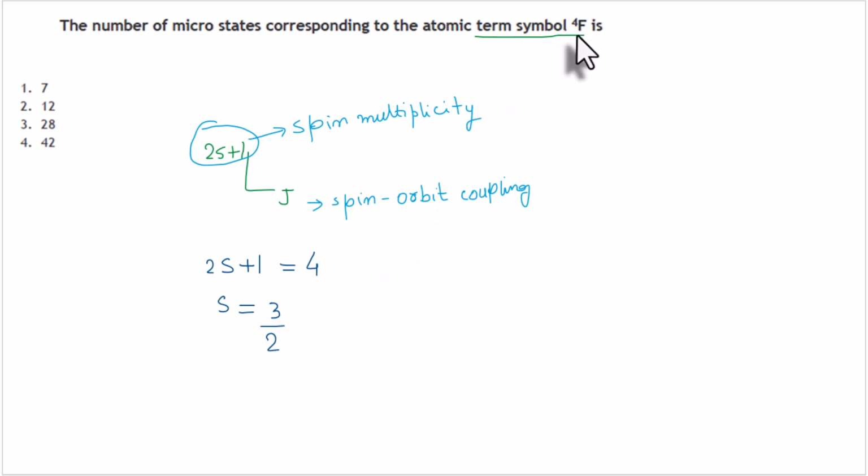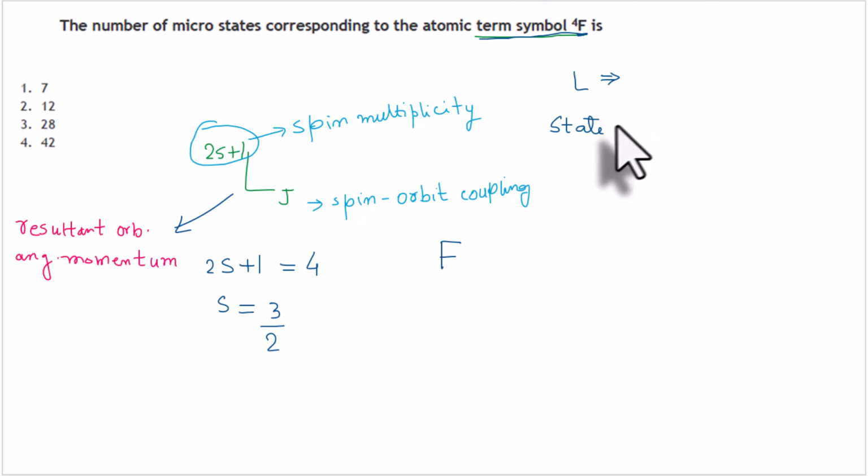Now we have the state symbol as F. From the term symbol, we also know there is a correlation between the L value and the state symbol. L is the resultant orbital angular momentum.